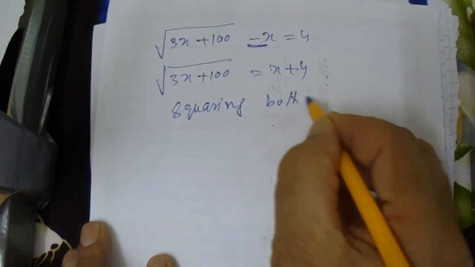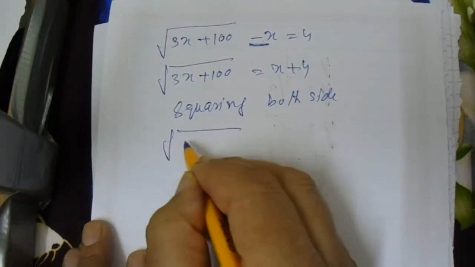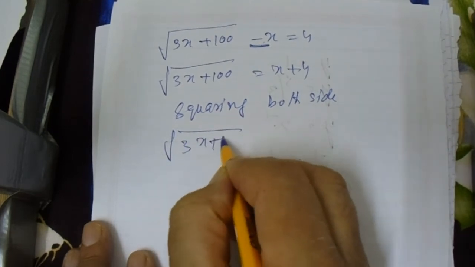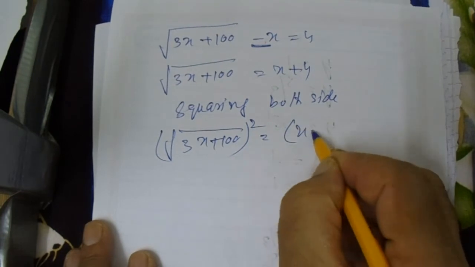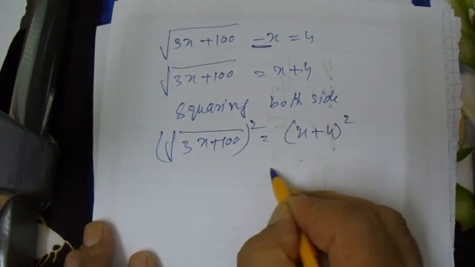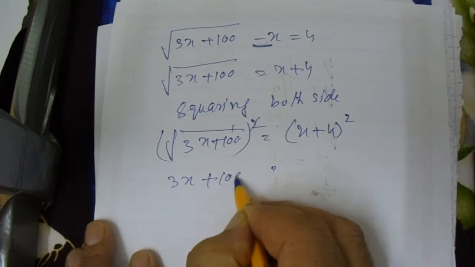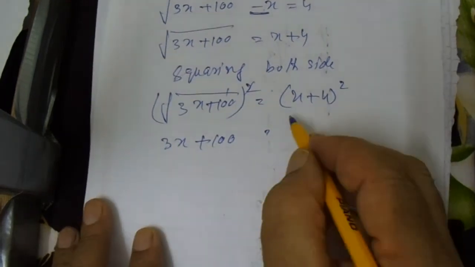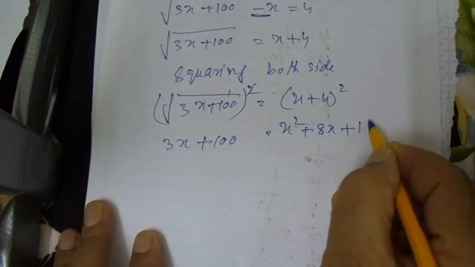We get under root 3x plus 100, we take the square, and also x plus 4 as a square is equal to, this will cancel, 3x plus 100 is equal to x square plus 8x plus 16.